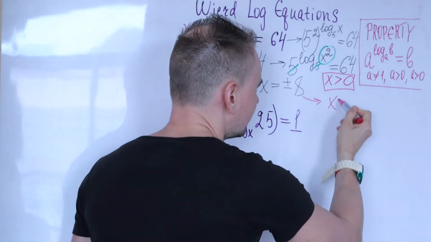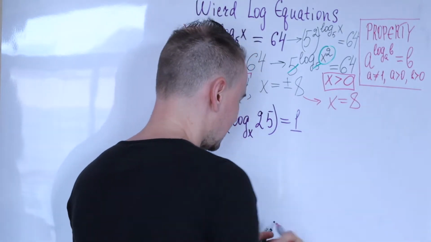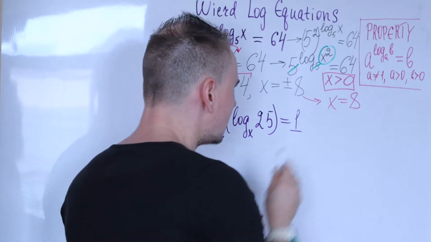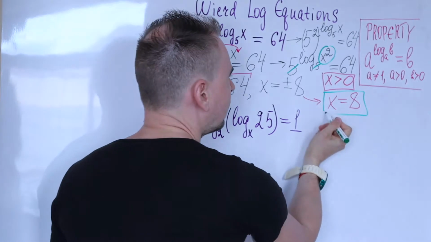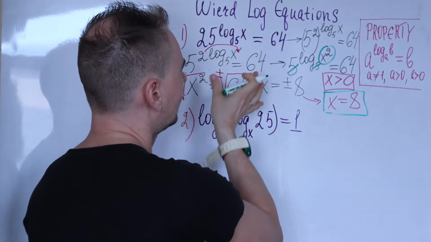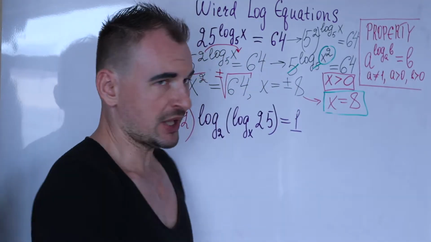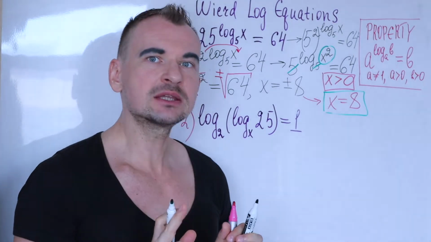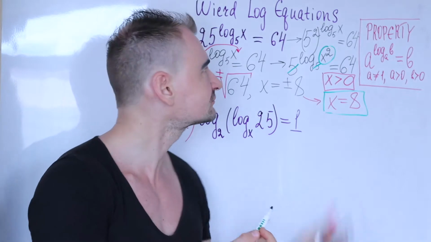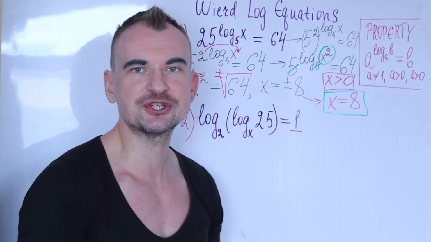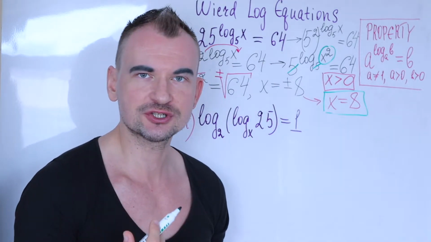Here, your x is 8. That's your only one solution, only one root for that original equation. And if you like, you could check it out by just plugging it into your original equation and see if it works, and it will.